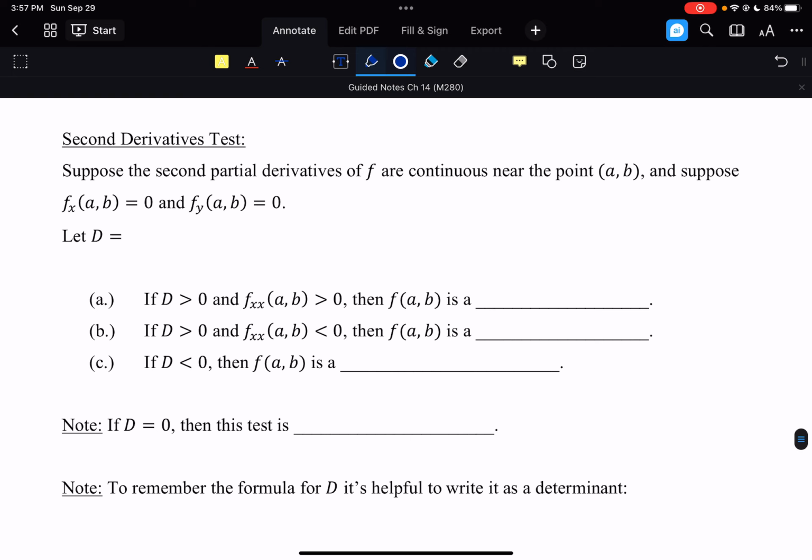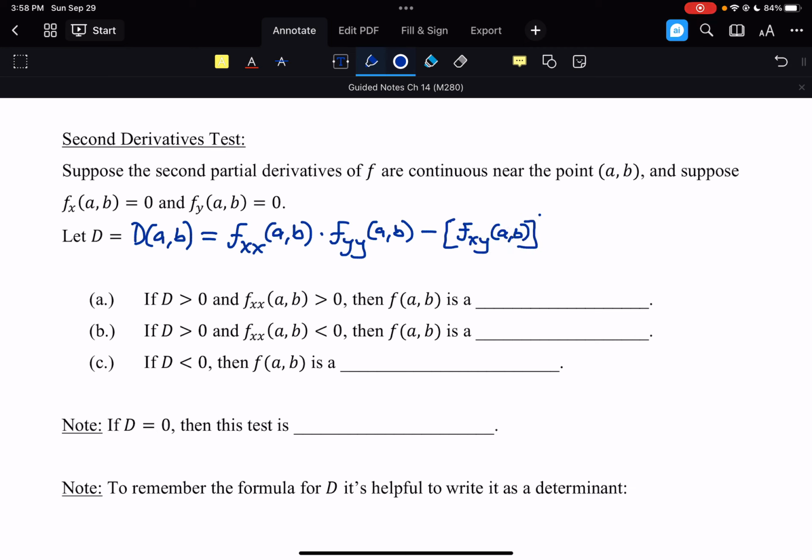The second derivatives test says, suppose the second partial derivatives of f are continuous near the point (a, b), and suppose fx and fy are both 0. Let D, so this is D of (a, b), evaluated at the point, equal fxx(a, b) times fyy(a, b) minus fxy(a, b) squared.